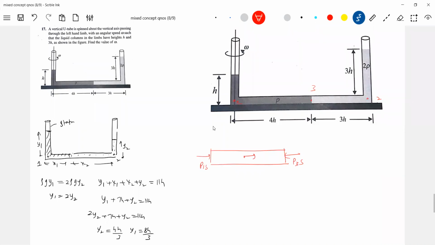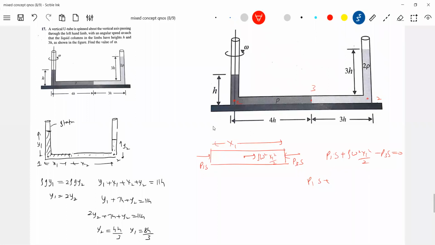Here a pseudo force should act. How much should it be? Rho omega square. If this length is x1, you call it. I think that length should remain the same, 4h only, but for the time being you write it x1. So x1 square by 2. Now equate the forces: P1S plus rho, the density of the liquid is rho, rho omega square x1 square by 2, equals P3S minus 0.